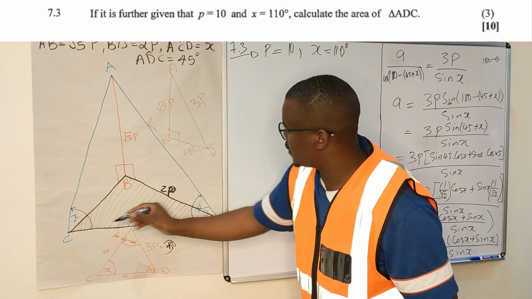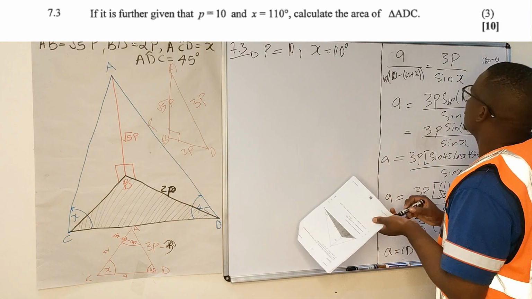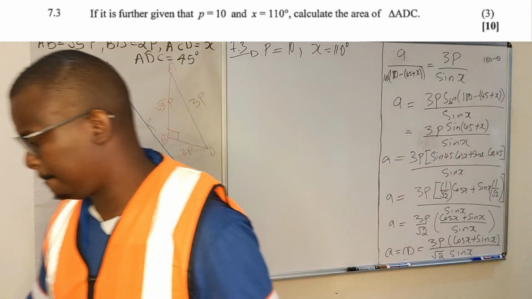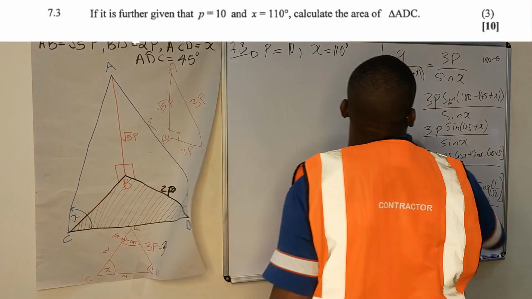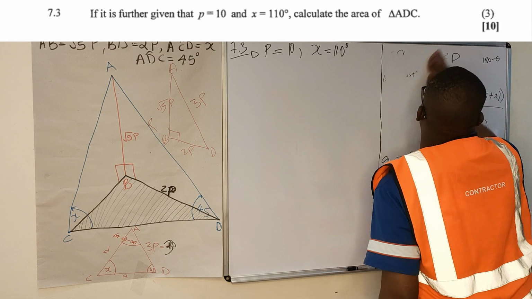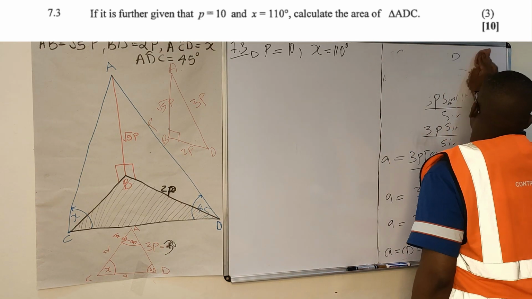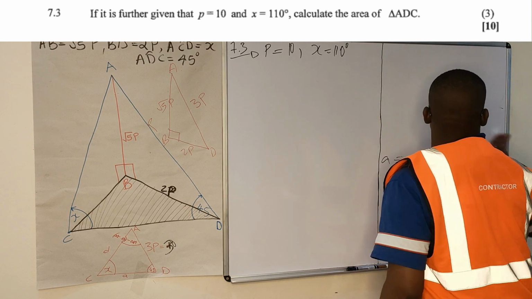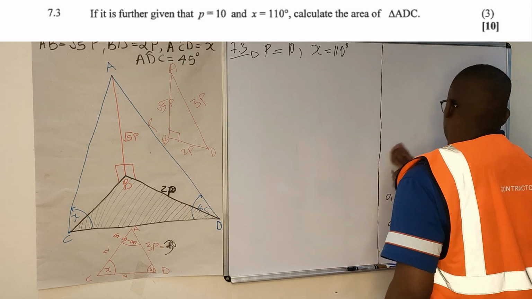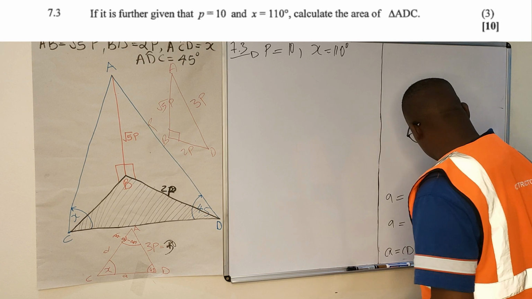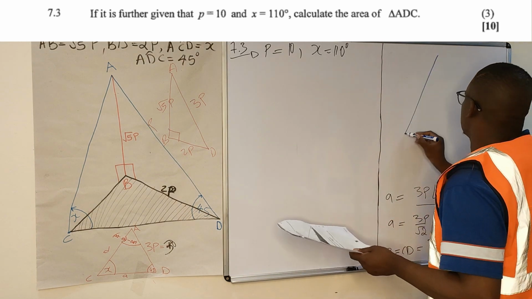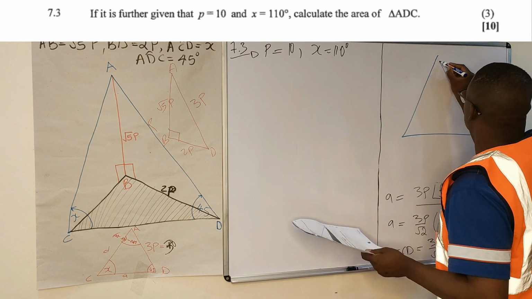So now, if you draw this triangle separately, let's draw it here. Say okay, it looks like this, right?